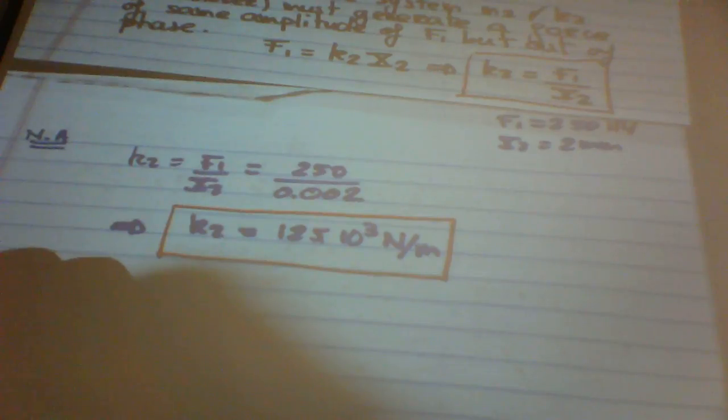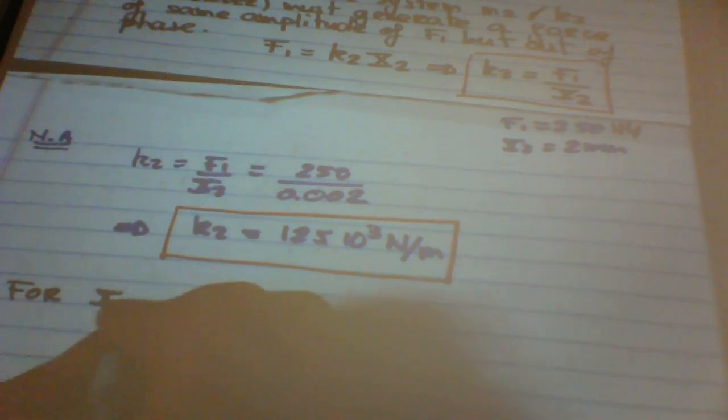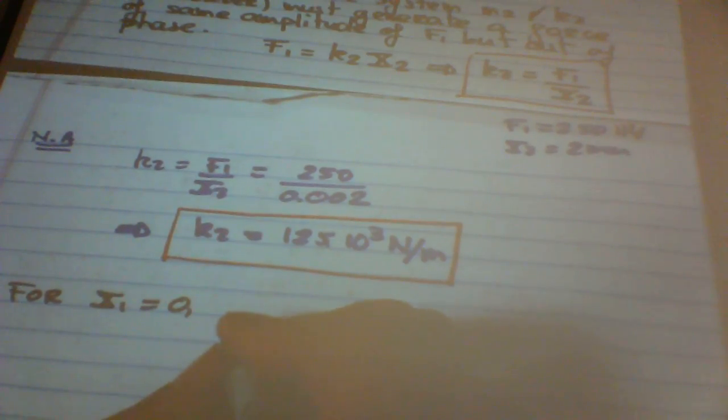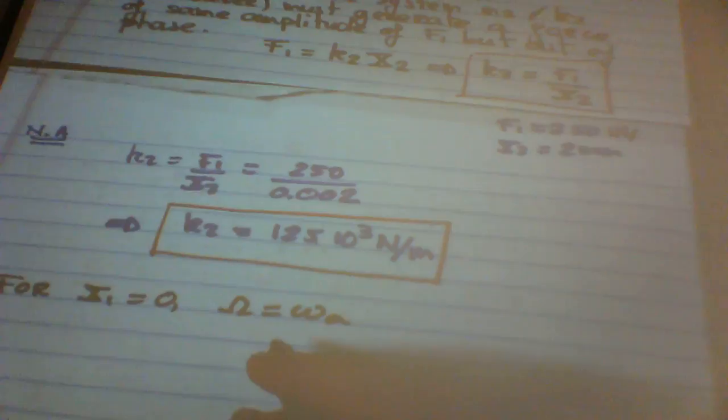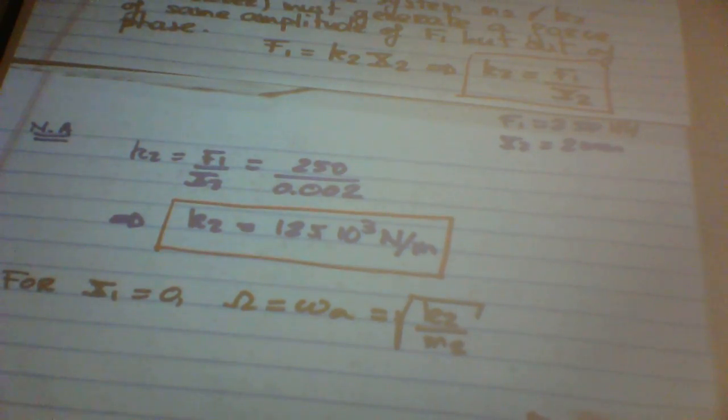Okay, and what is the other condition that we know for x1 equal to 0? This will occur at what frequency? Omega n2, when this is equal to the frequency of the absorber, no? Which in our case will be the square root of k2 over m2.